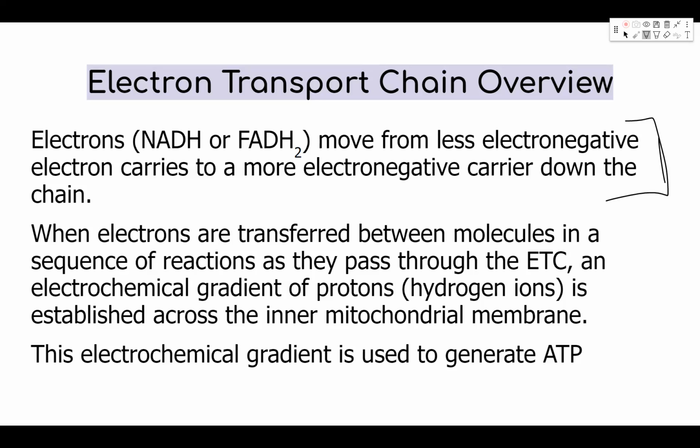Our electrons are going to move from a less electronegative carrier to a more electronegative carrier down the chain. So complex 2 is less electronegative than complex 3, which is less electronegative than complex 4. So we're moving more and more electronegative as we go down the line.